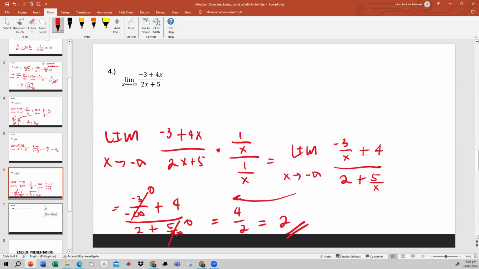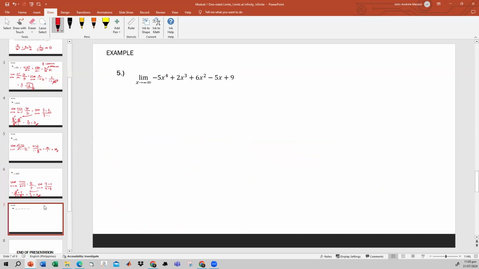Okay, so what's next? The last example is this. What if you're asked now to evaluate the limit of negative 5x raised to 4 plus 2x cubed plus 6x squared minus 5x plus 9 as x approaches negative infinity?